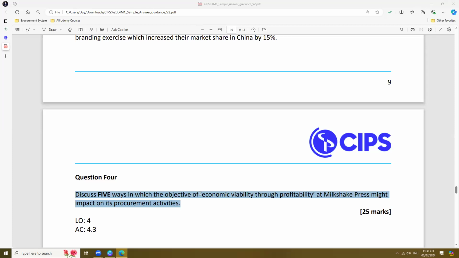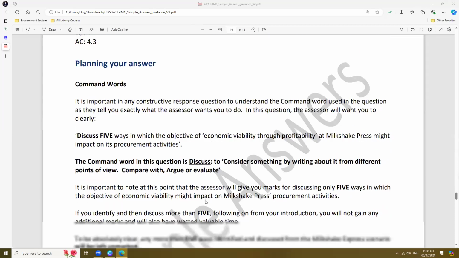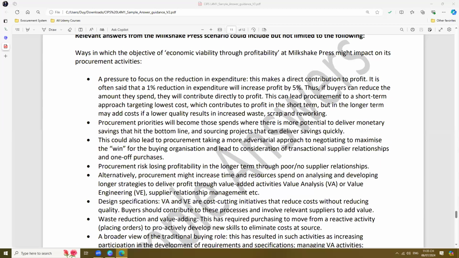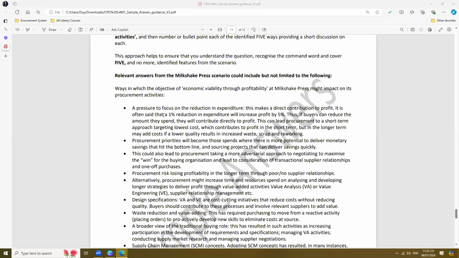All right, so let's return to the impact here, and you may find some instruction from CIPS. With this instruction, they focus on both the positive impact and the negative impact. They focus on negative first.